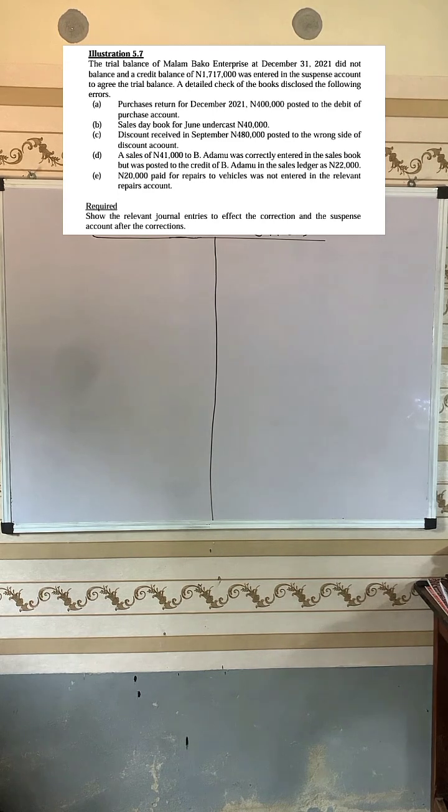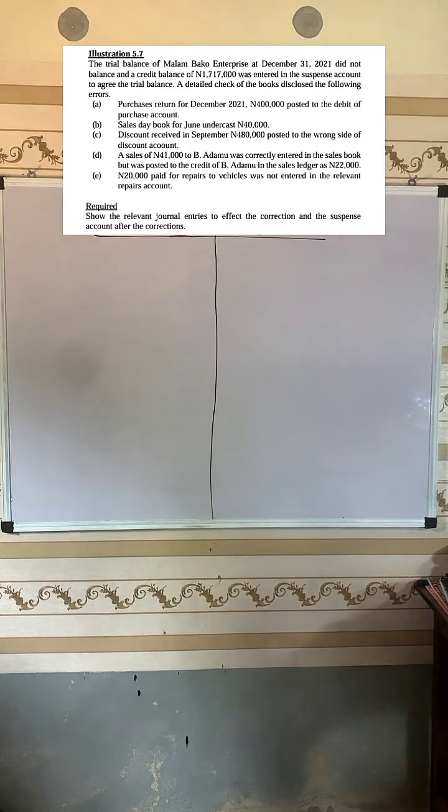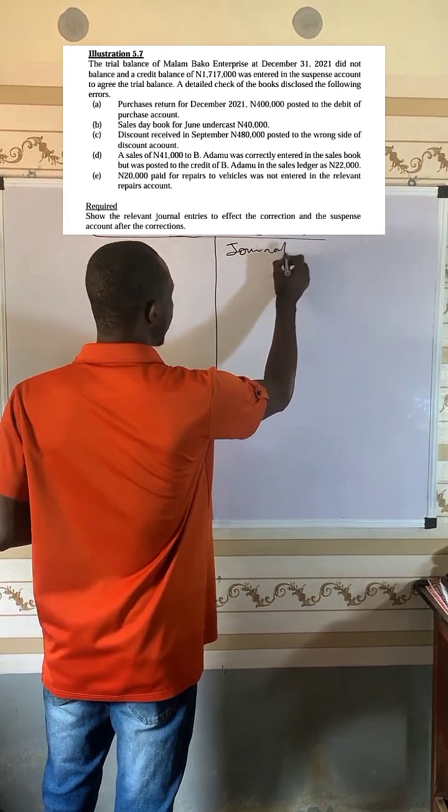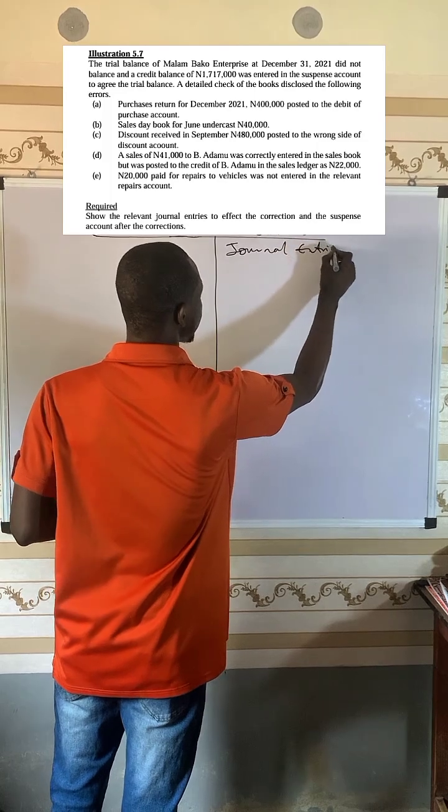The requirement from this question is to prepare the journal entries to effect the correction and the suspense account after the correction. We are going to prepare the journal entries. Let's prepare it on this side. Journal entries.